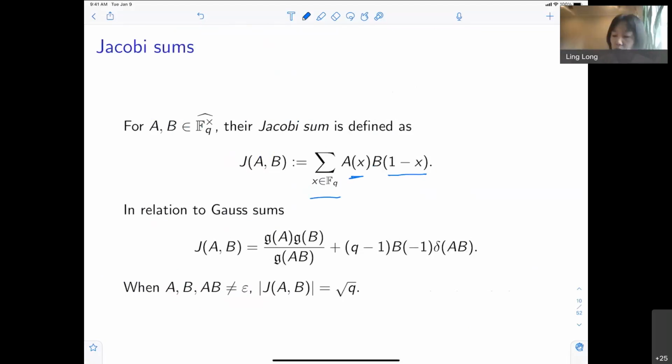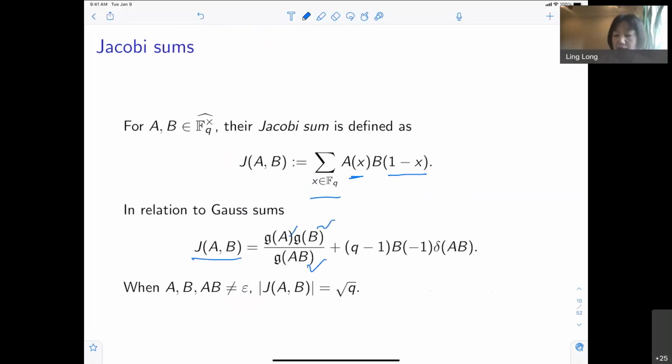The relation to Gauss sums is that when you look at a and b, the Jacobi sum turns out to be the Gauss sum of a times the Gauss sum of b, over the Gauss sum of a times b.